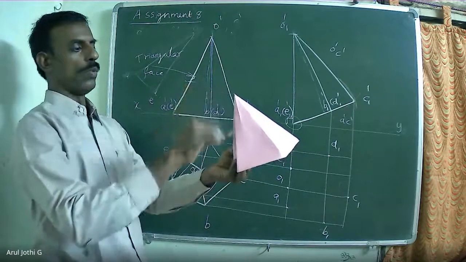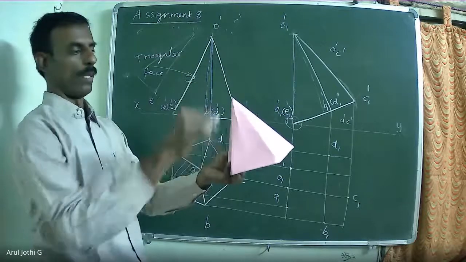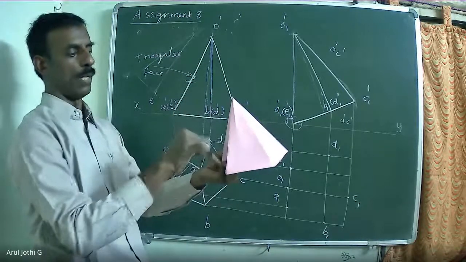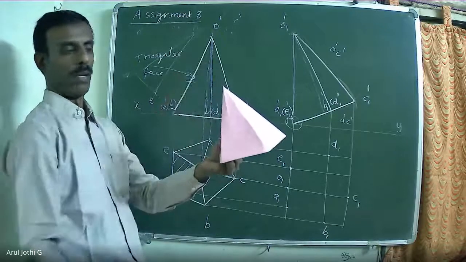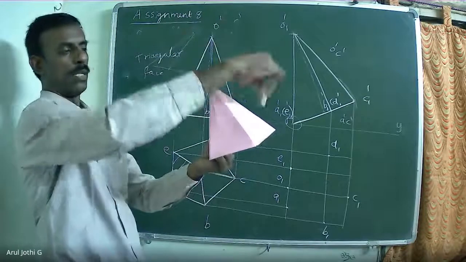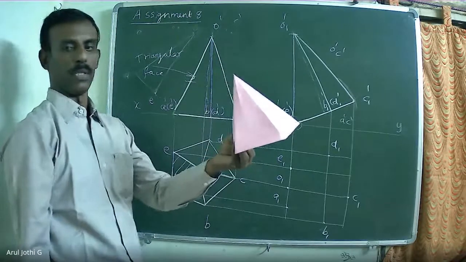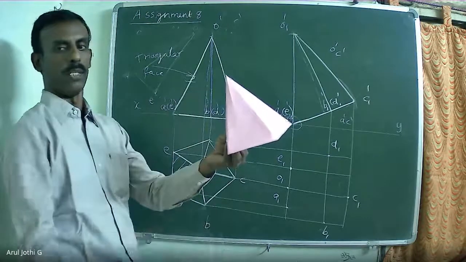These two slant edges will coincide with the base side. This slant line, this slant line, this slant line will be coinciding with the base side available when it is vertical. So all the remaining base sides and slant edges will be visible. This is a peculiar position in which all the lines will be visible. No dotted lines will be there.